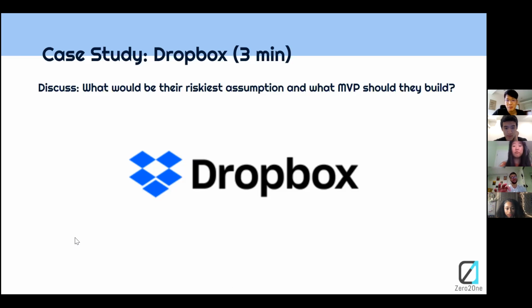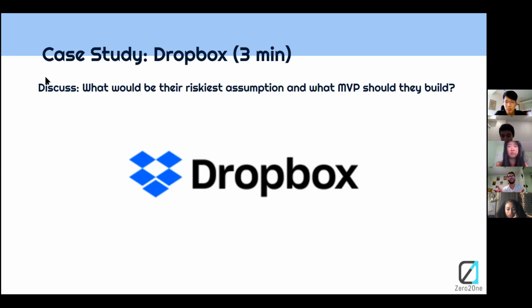All right, why not start with the first group who just came back? I think Davi, your group came back first. Yeah. I think the riskiest assumption we identified was whether people trust the cloud, the internet, more than a flash drive or something physical to keep their files, both in terms of privacy and security, and for keeping the files.